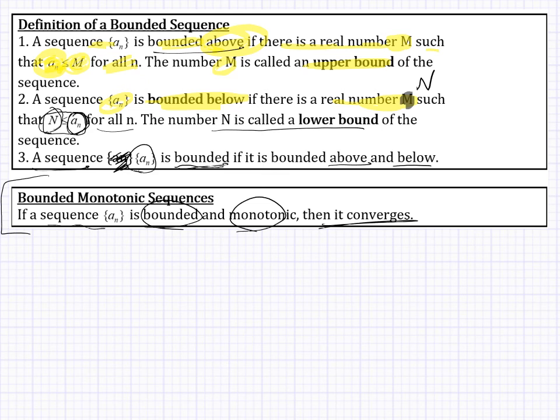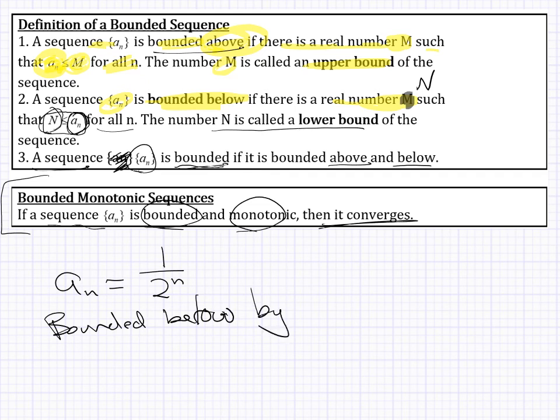So let's look at bounded real quick. Let's say I have the sequence A sub n equals, say, 1 over 2 to the n. I could say that is bounded below by 0.